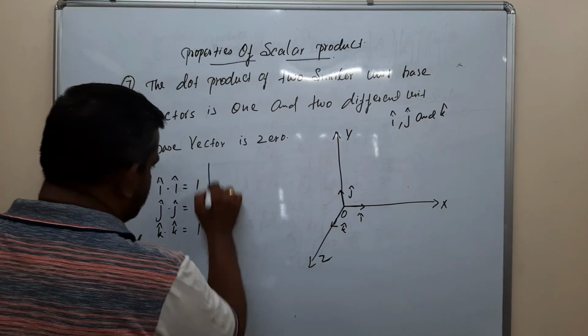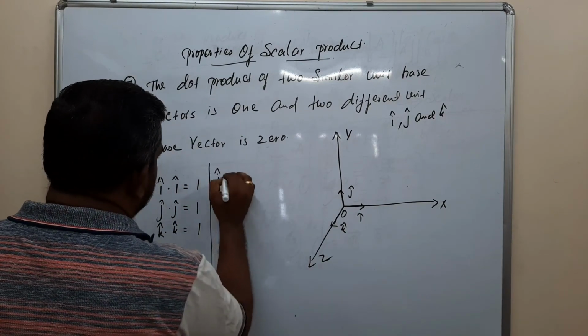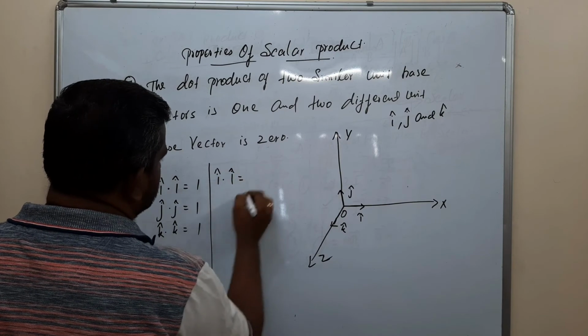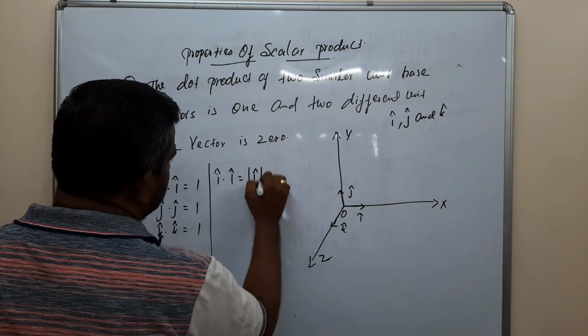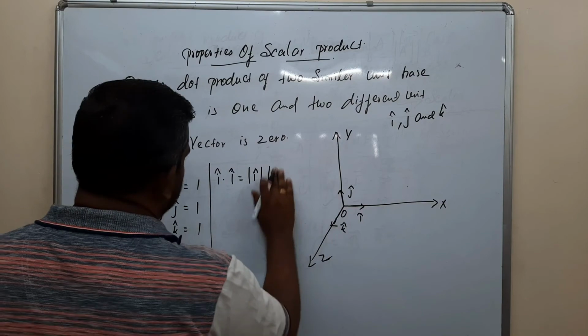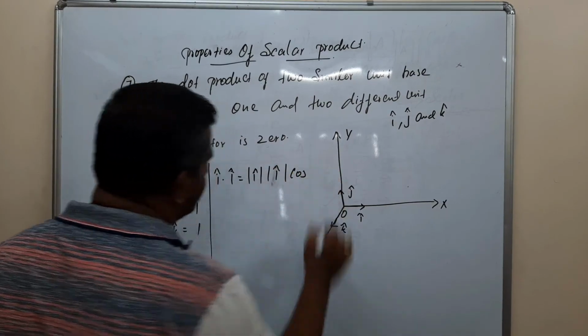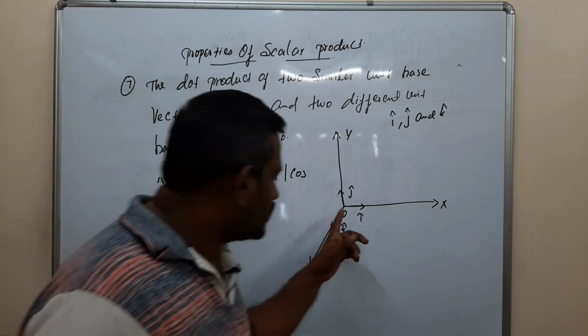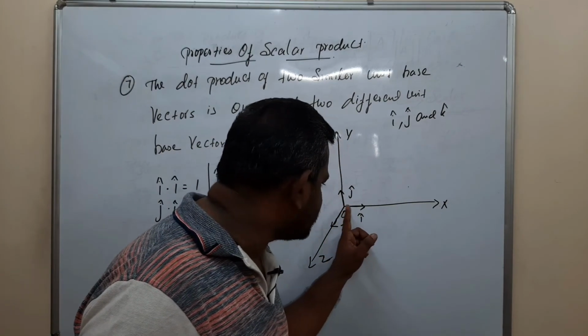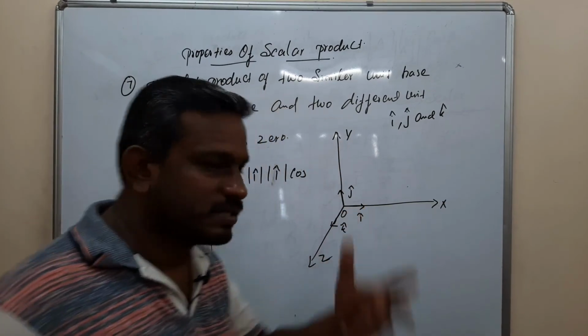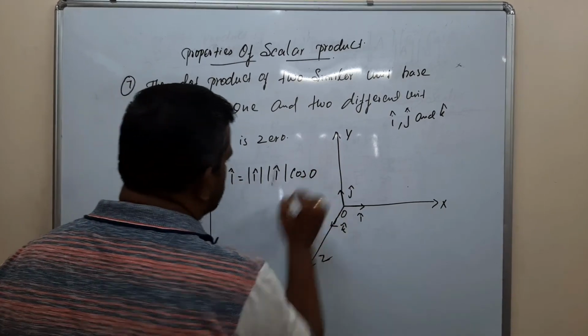How? i cap dot i cap is equal to modulus of i cap, modulus of i cap again, into cos of the angle between i and i. That angle is 0, so cos 0.